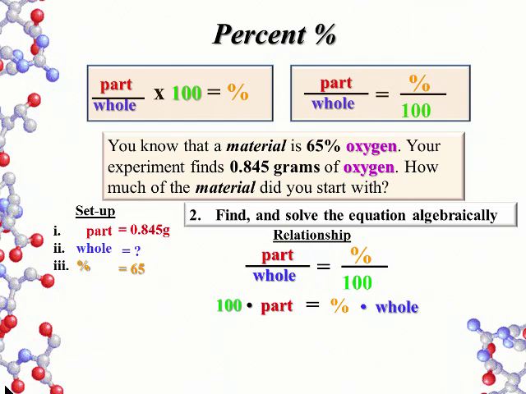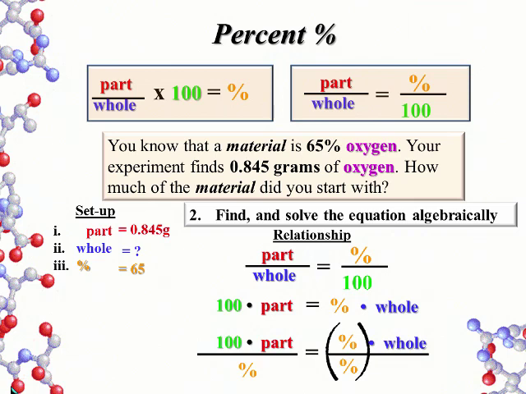Whole can be isolated if percent is made into a 1, and that's done by dividing both sides of the equation by percent. Grouping shows us that percent divided by percent is 1, and 1 times whole is whole.